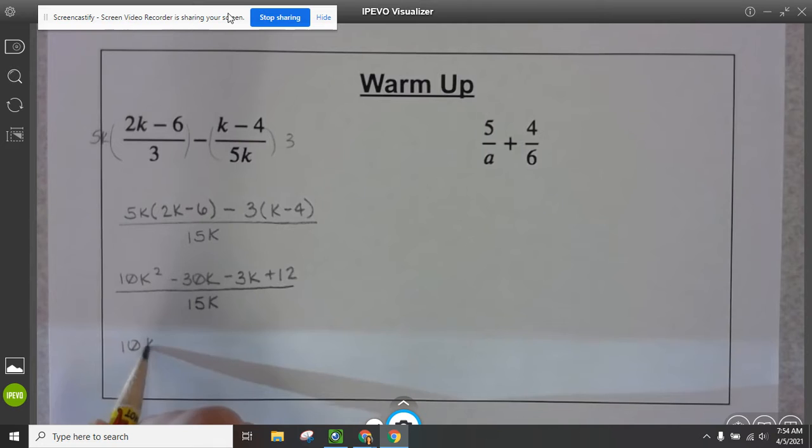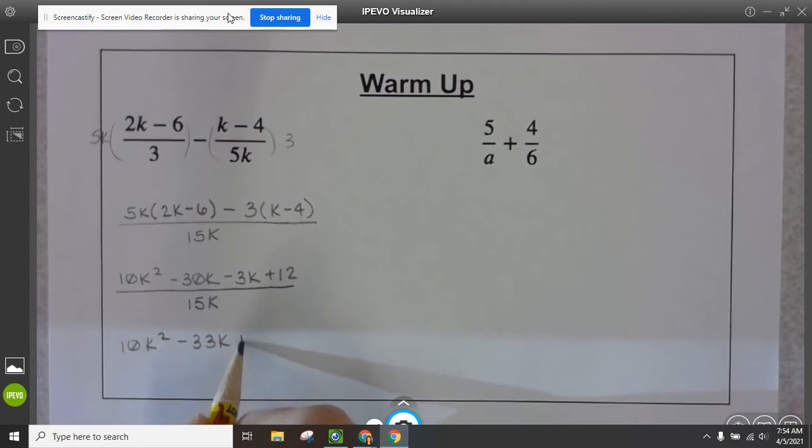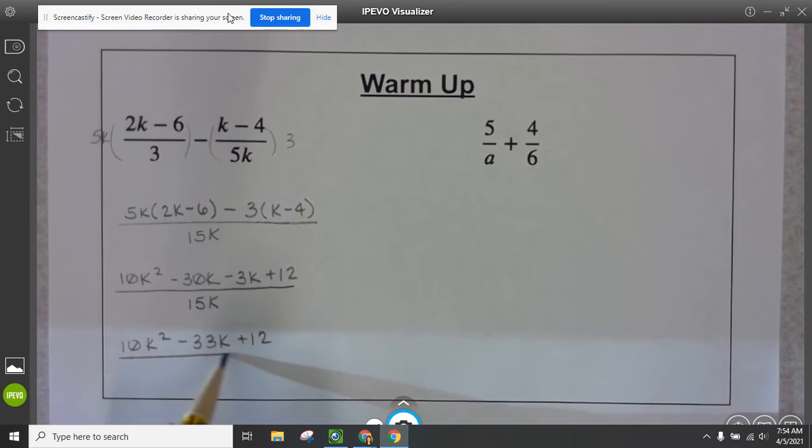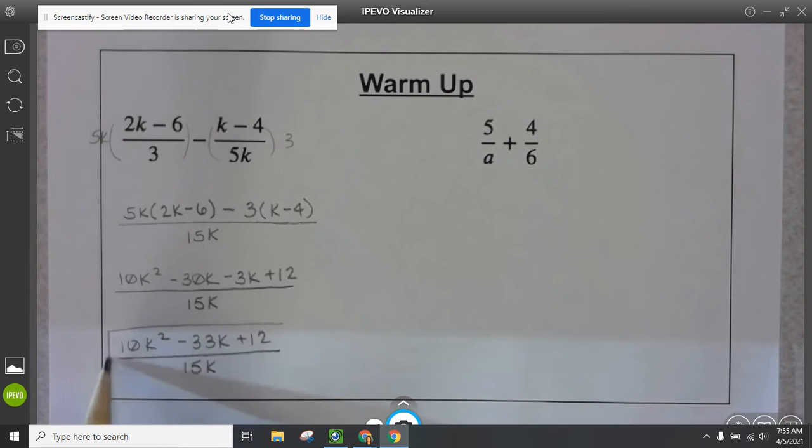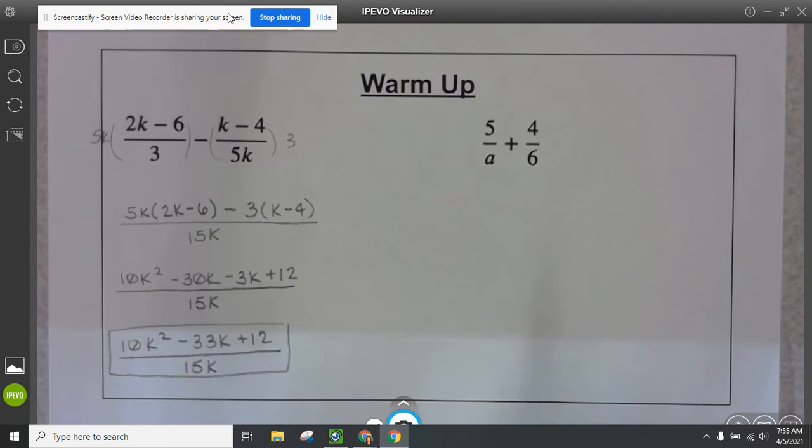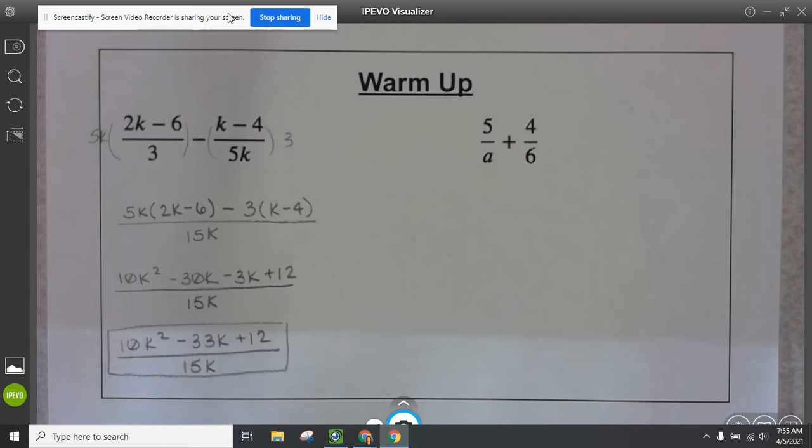So I have 10k squared minus 33k plus 12 all over 15k. Checking all of my coefficients and my constant, they do not all have a common divisor. There's no common number that I could divide out of each of those numbers, so we're done.